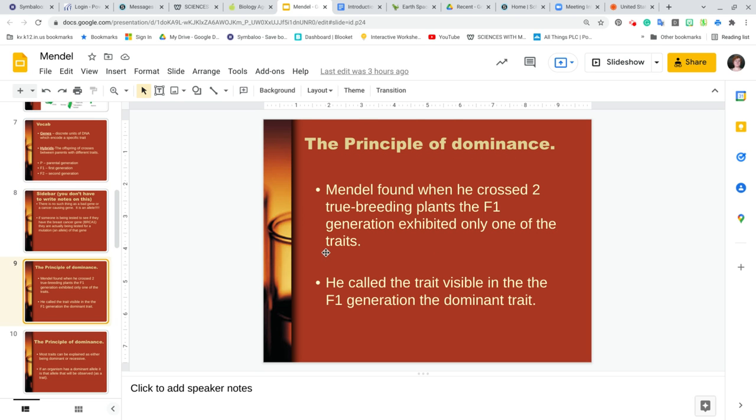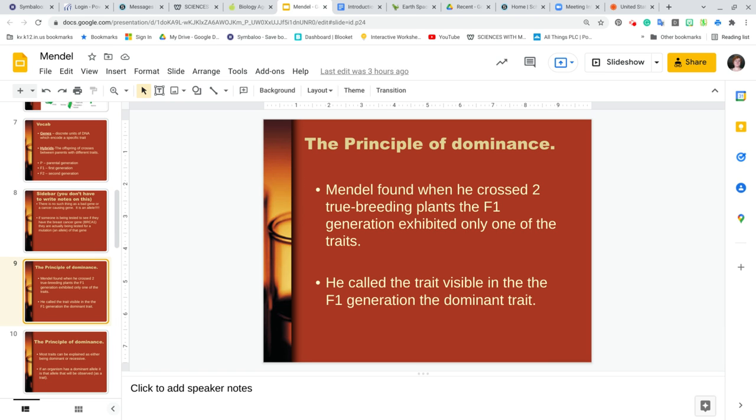Next one. Principle of dominance. A principle is kind of like a law, but laws have more math behind them. A principle is just something that you've observed and can say, this is true. So, the principle of dominance is like the definition of what dominance is, which we talked about yesterday.